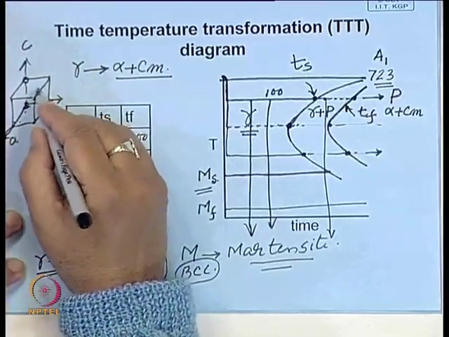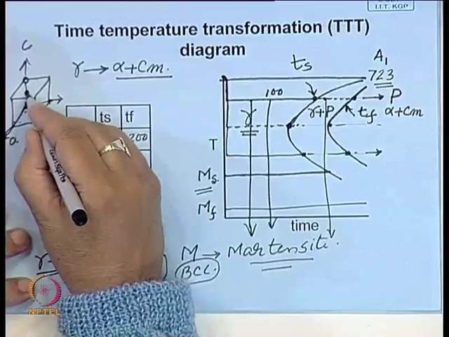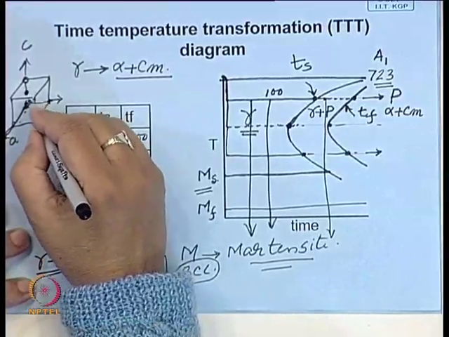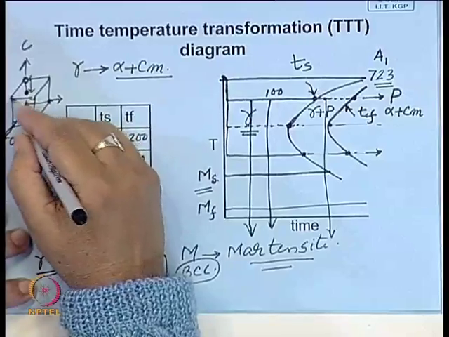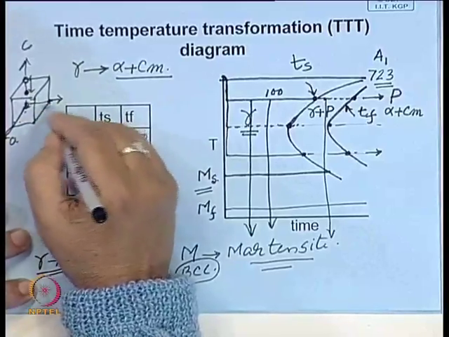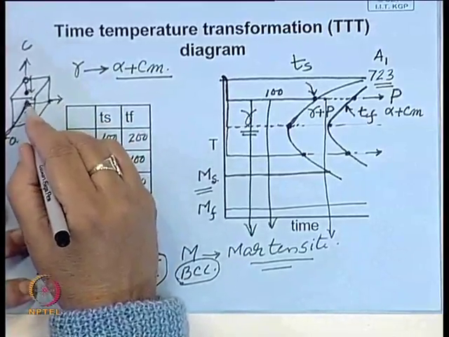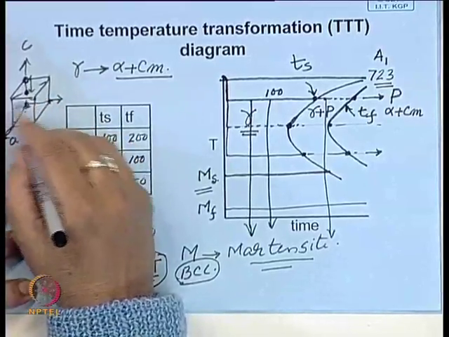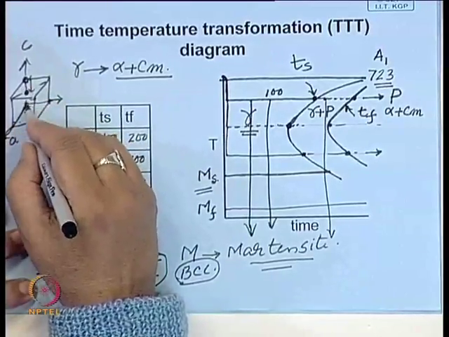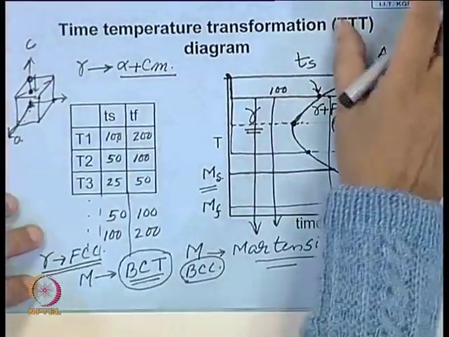Now, here if your carbon atom is over here, it pushes this apart. In this direction it has enough space to accommodate, but this direction is shorter, this gap is shorter.